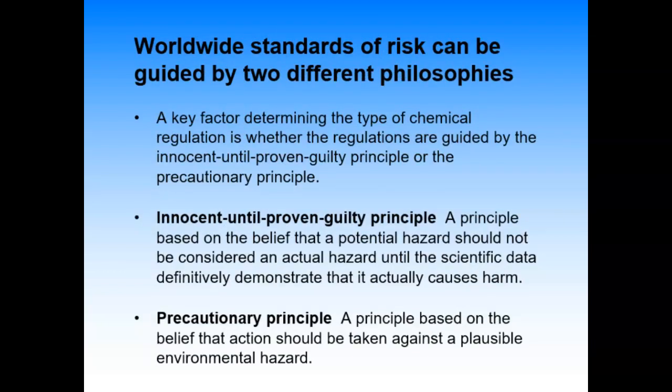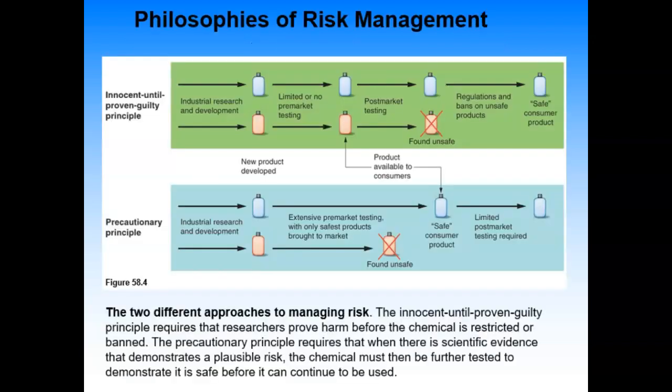We can have 2 different standards of risk that can be driven by two different types of philosophies. The first one is considered innocent until proven guilty. The other one is the precautionary principle. We can see the difference between these two.